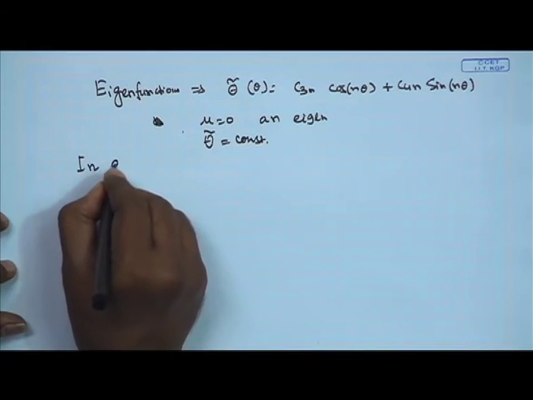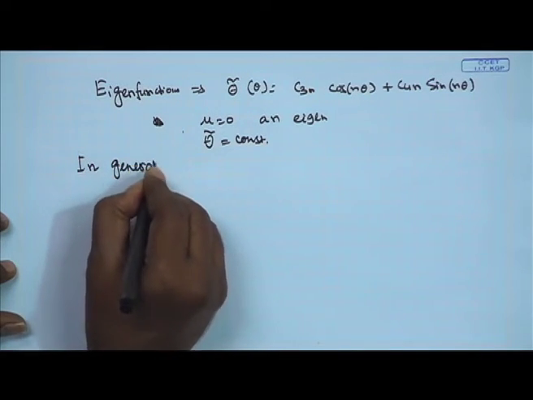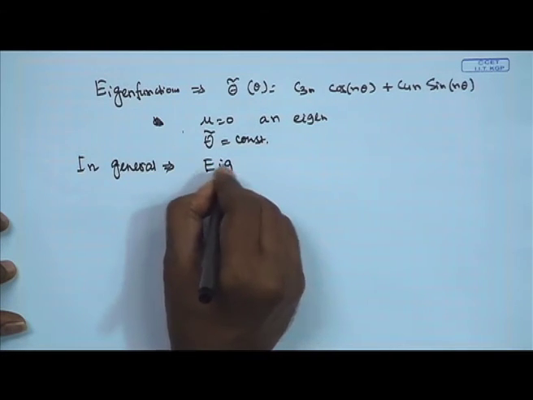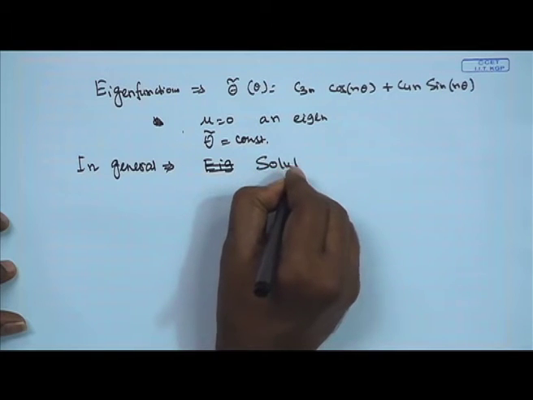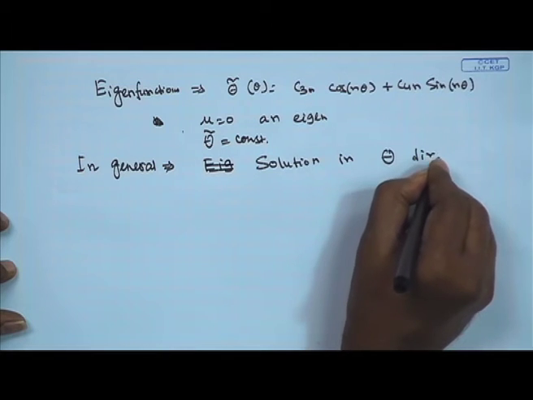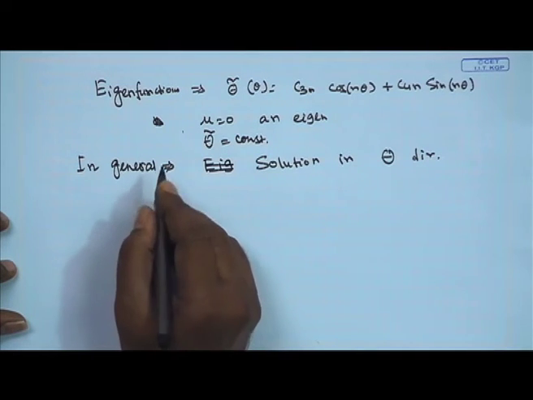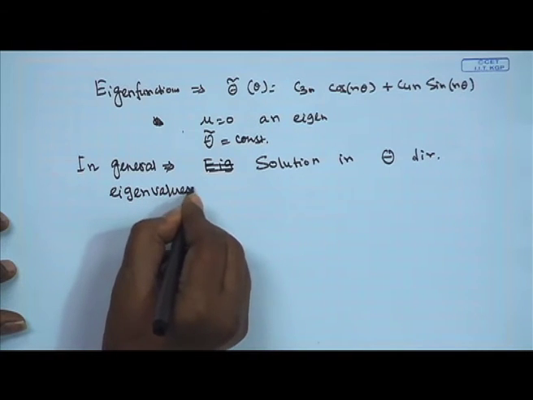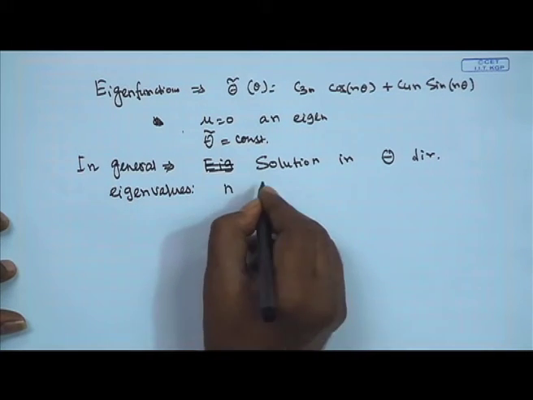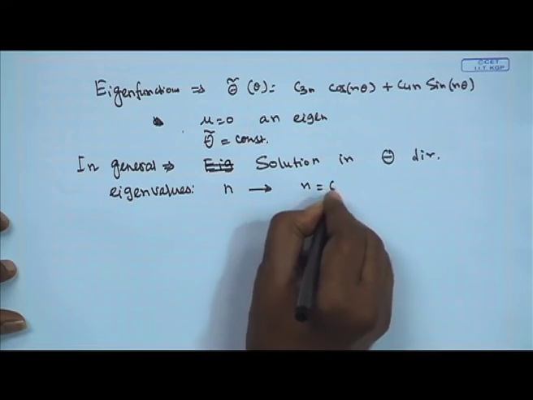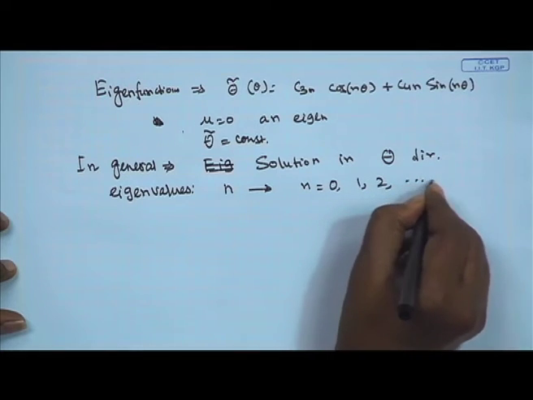So therefore, in general we can write down the eigen solution in the theta direction as follows. The eigenvalues are n, where n runs from 0, 1, 2, 3 up to infinity.